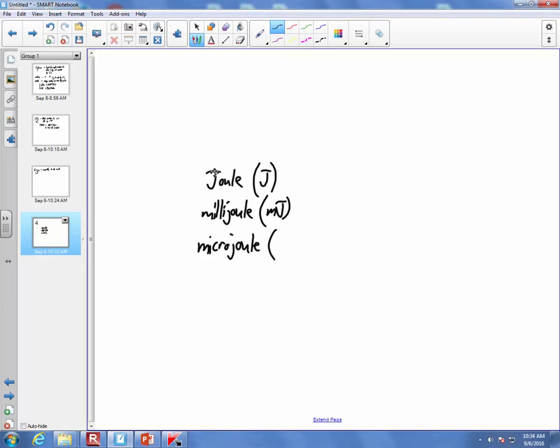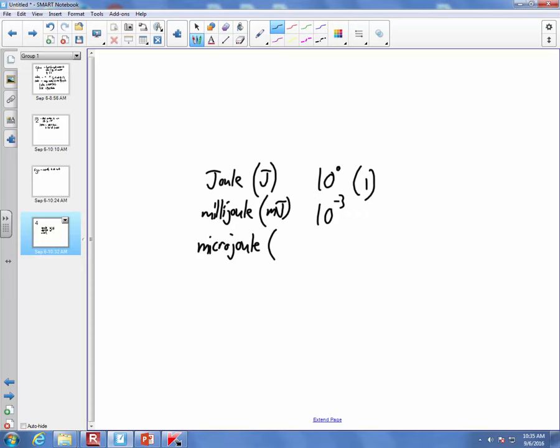So in terms of order of magnitude, this would be 10 to the 0, or 1. Millijoule would be 10 to the negative third, or one over 1,000. Why is it negative?